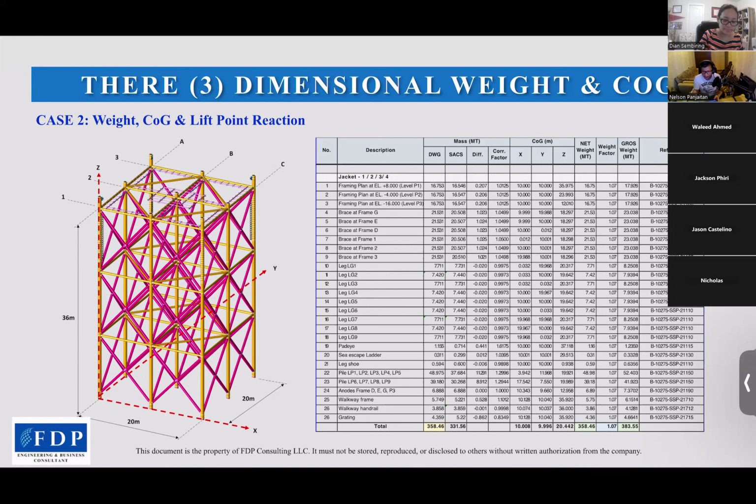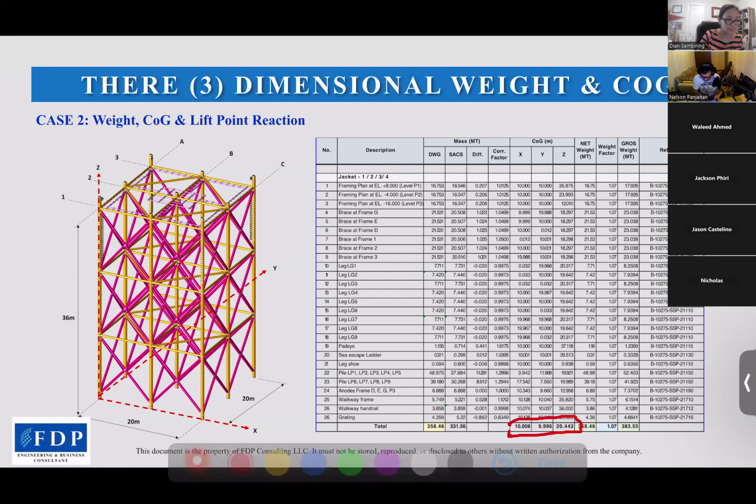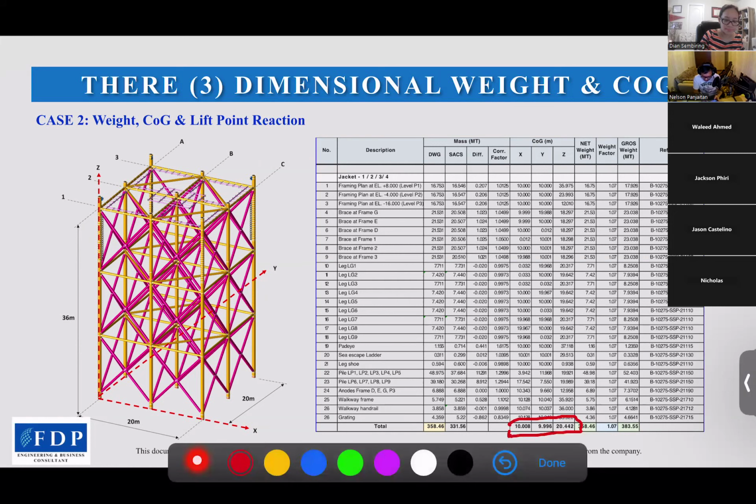This is the same process and the same basis that I used for the real case. Same formula as we discussed previously. So we have the total COG here, right? And the total mass is 358.46.